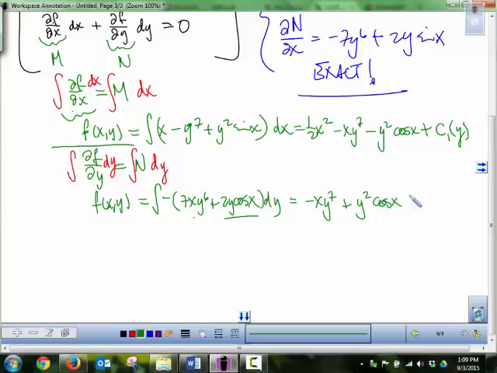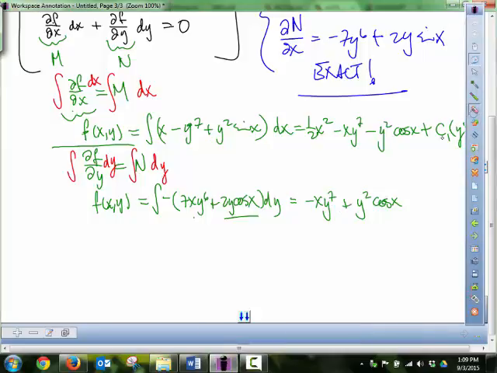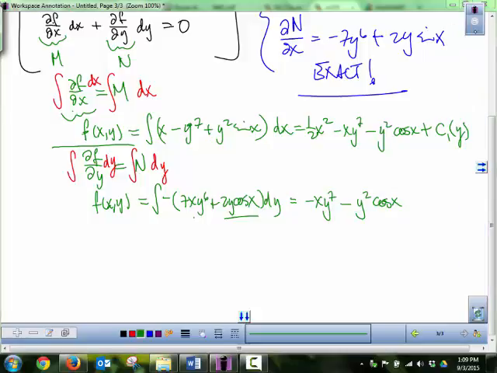Now, in the same token, we took the derivative of f with respect to y to get n, because this gets distributed, right? Negative signs. Okay, so likewise, I'm going to call this C2 subscript. That's the name of the function, and this is a function of x.